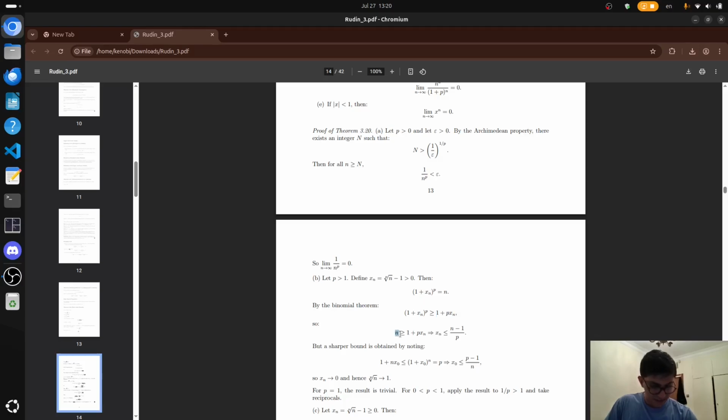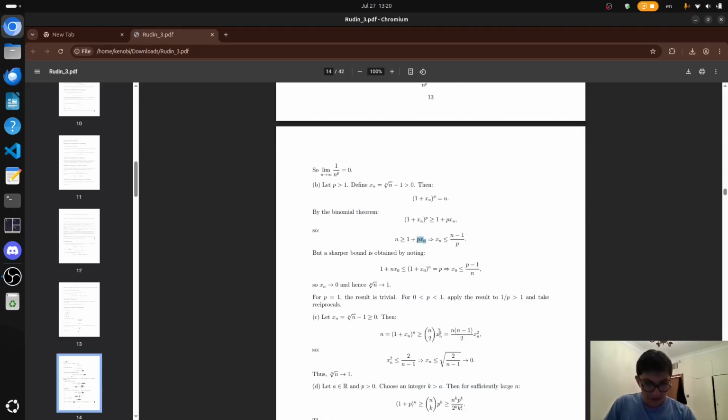I think there's a mistake here again. I'm really sorry for this. There are actually a lot of mistakes in this section. Xn is supposed to be less than or equal to p minus 1 over n. So replace p with n here everywhere.